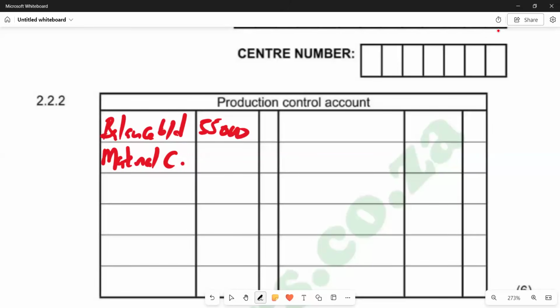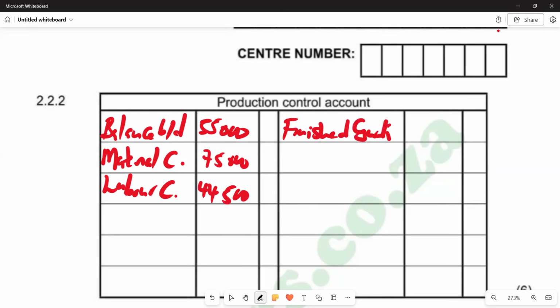So our material control, I remember we are saying 75,000. And then obviously we also have labor control, 44,500. And then this is what we have. And then we also have the figure for finished goods, which is supposed to come on the credit side. And the figure for finished goods, we are going to find it in our job cost statement.